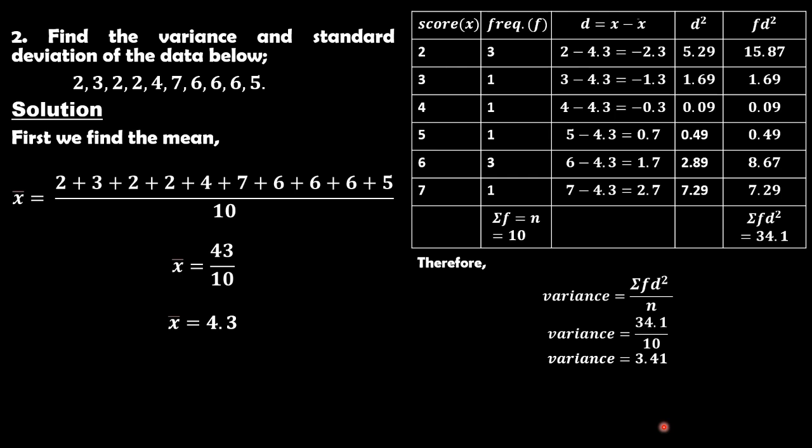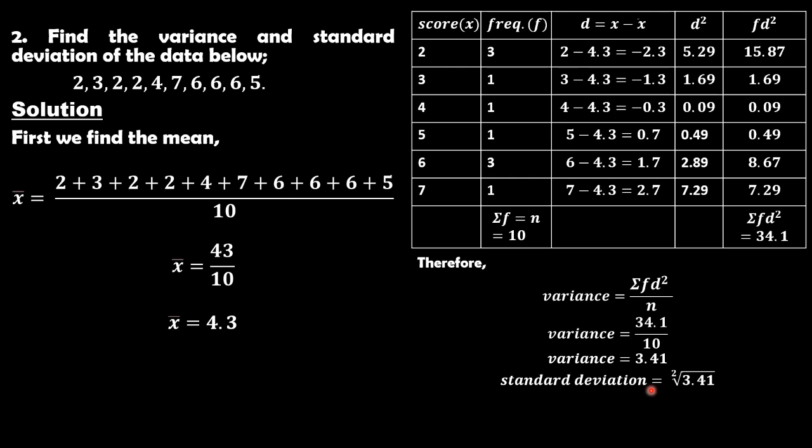And the answer to this is 3.41. Therefore, the variance for this set of data is 3.41. Next is to calculate the standard deviation.